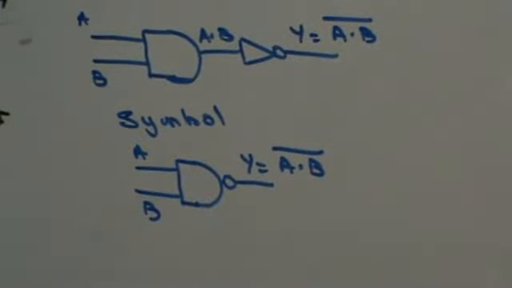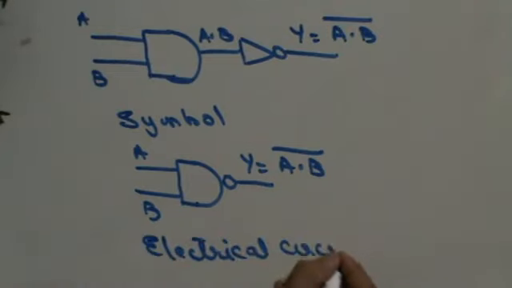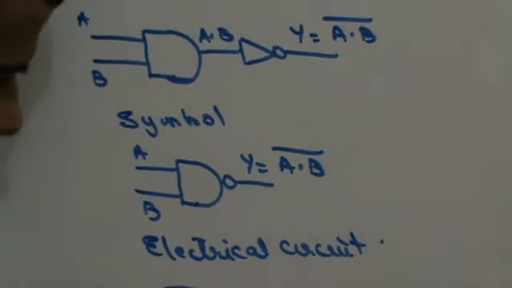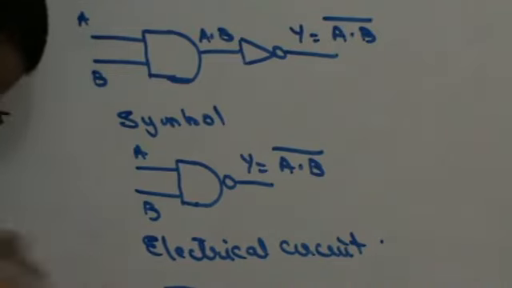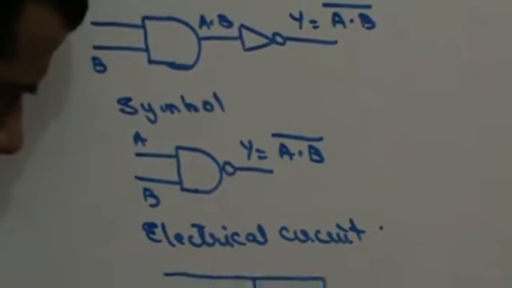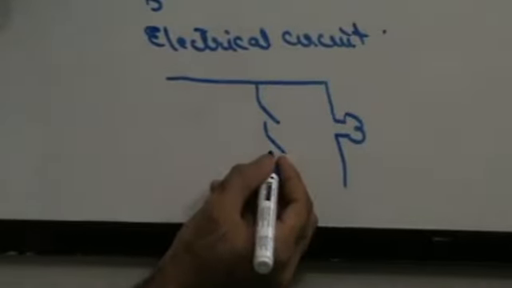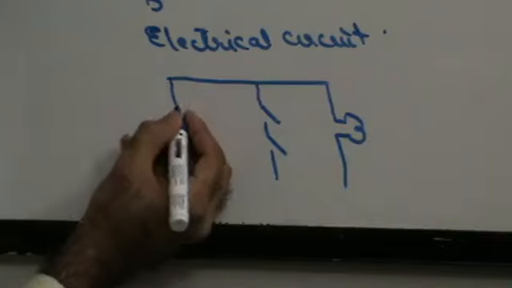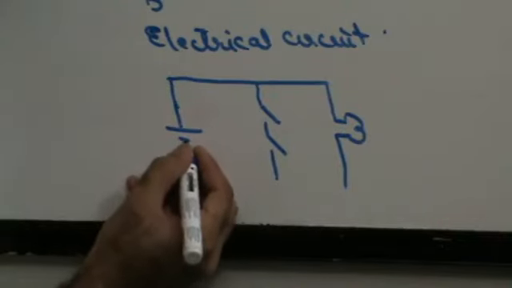Right? Electrical circuit. Electrical circuit is, this is your filament, which is your output. You have two switches that are connected in parallel, and you have power supply over here.